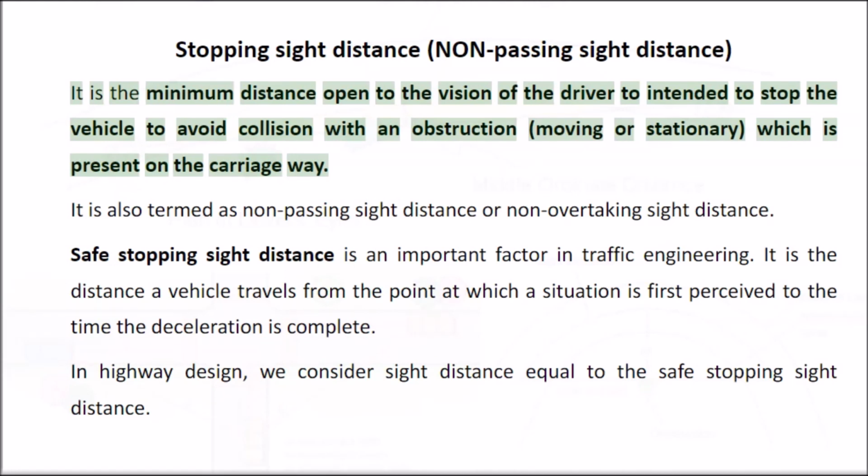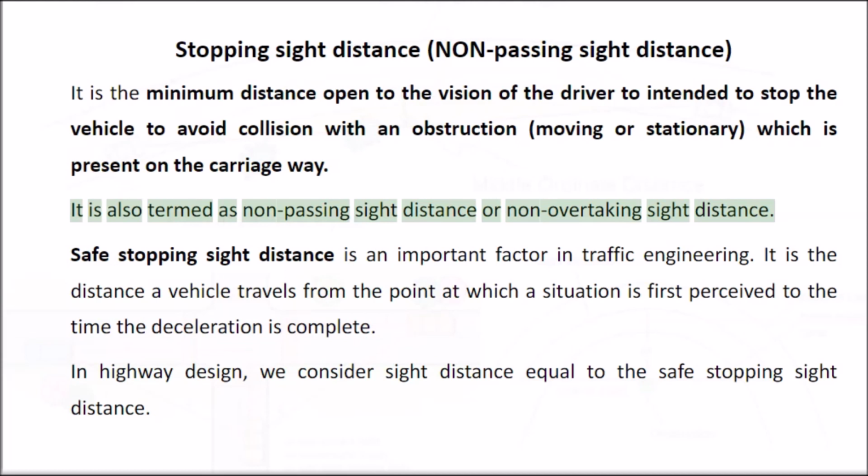Stopping sight distance, non-passing sight distance. It is the minimum distance open to the vision of the driver intended to stop the vehicle to avoid collision with an obstruction, moving or stationary, which is present on the carriageway. It is also termed non-passing sight distance or non-overtaking sight distance.